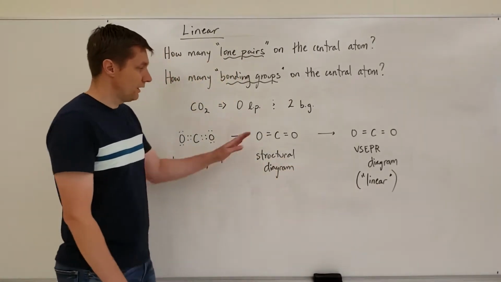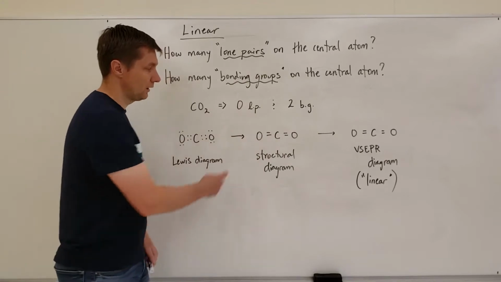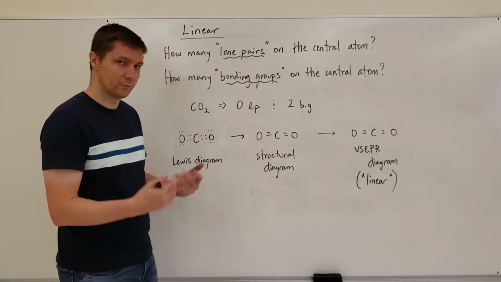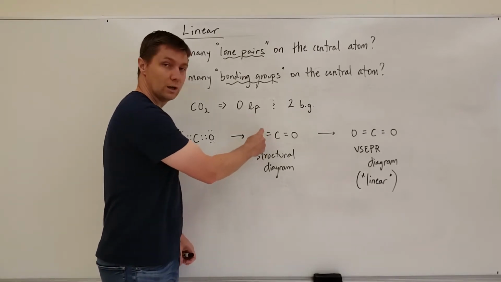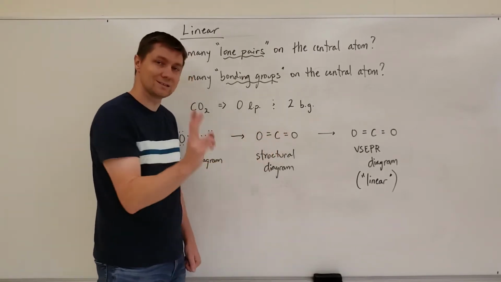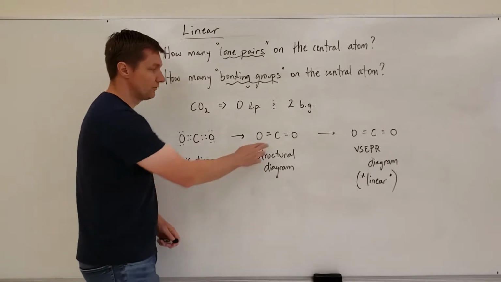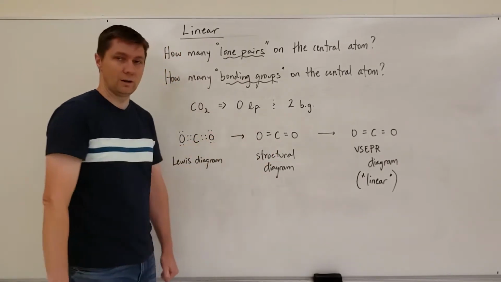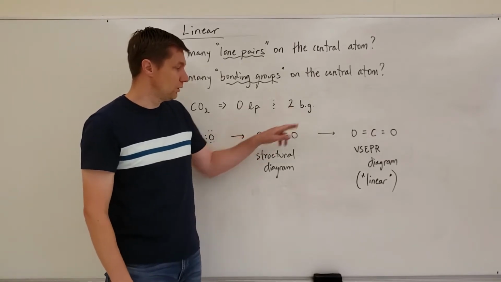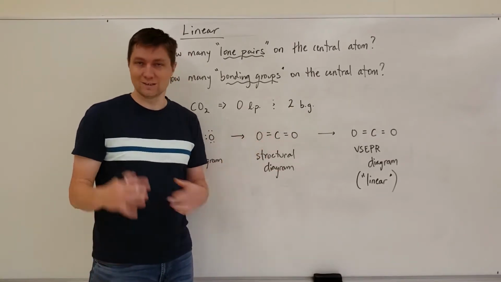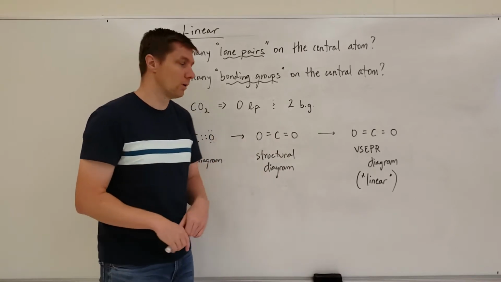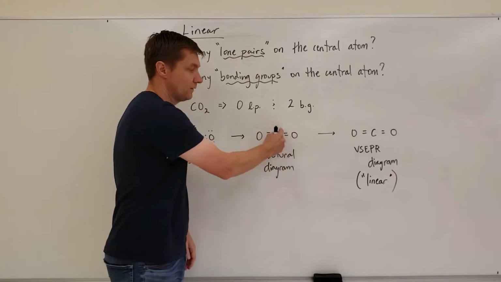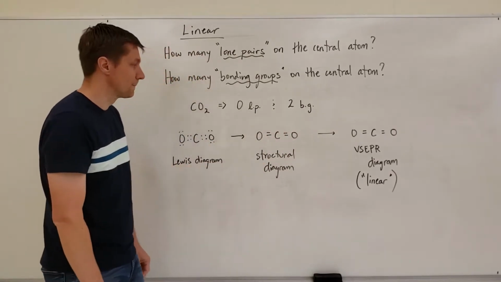So here I look at my structural diagram and I say, okay, right here I have one group of bonds. This is one bonding group, and this is a second bonding group. So for carbon dioxide, carbon has 0 lone pairs on it and 2 bonding groups, 1, 2. Yes, there are 4 sticks, but again, remember, we're just talking about groups of electrons. This is one group and this is a second group.